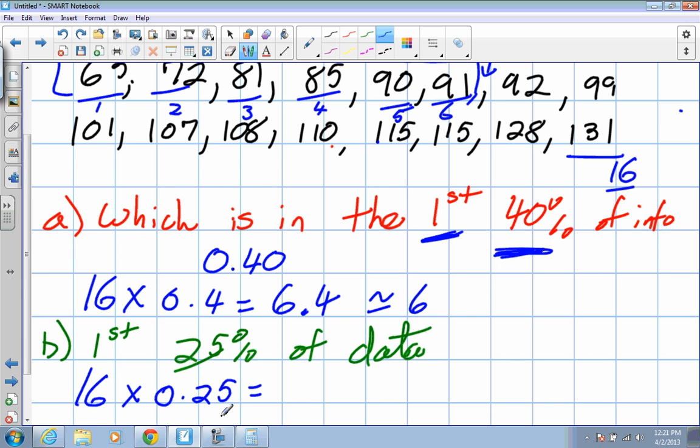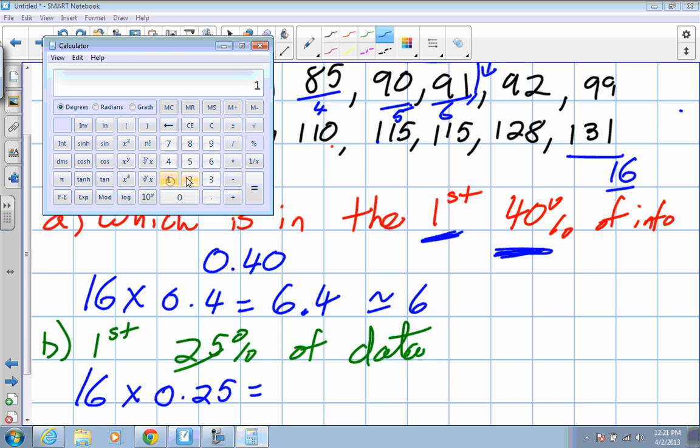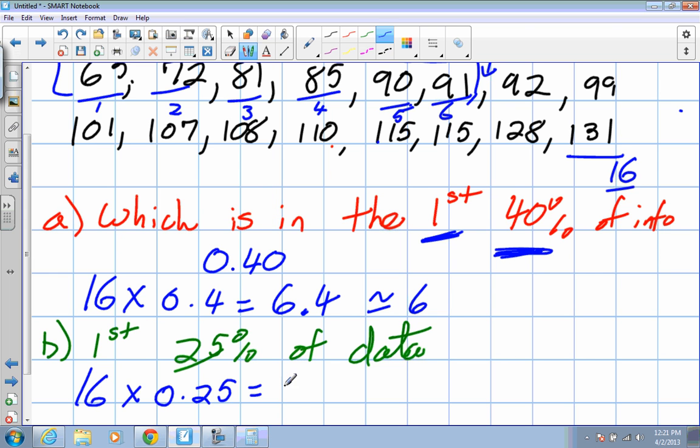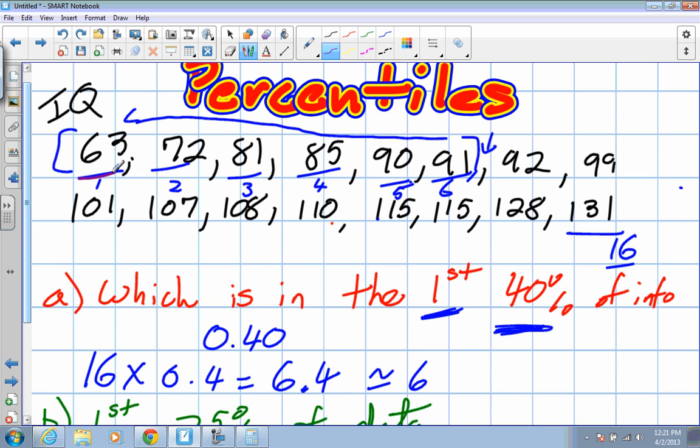Let's figure out what this is. 16 times 0.25 gives us the number 4. Okay, the number 4. So let's count 4 pieces of data. 1, 2, 3, 4. So from 85 and before are the first 25%.